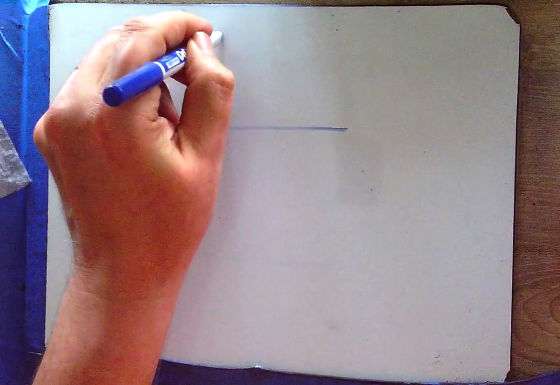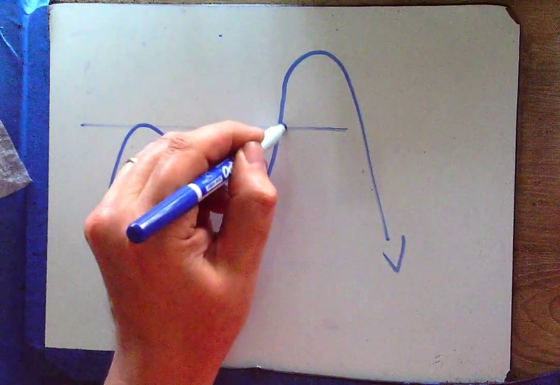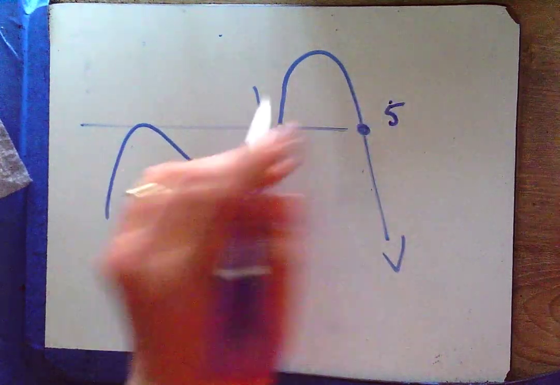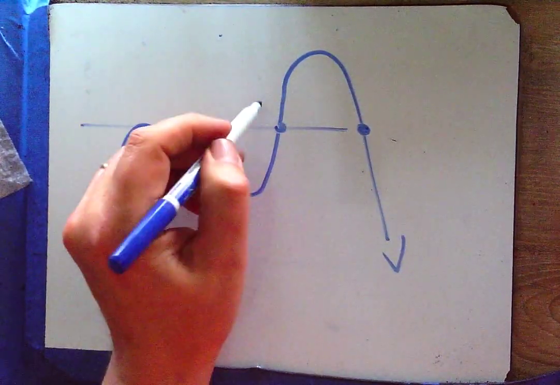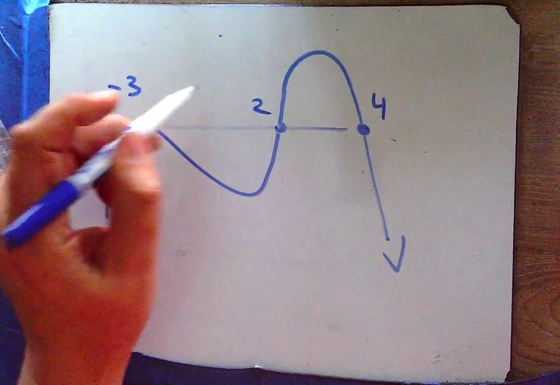How about here's 1, here's 5. Oh, I guess I want to change these. How about this is 2 and 4, and over here we have negative 3.